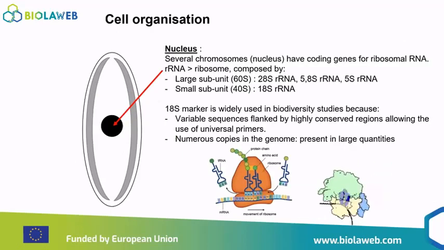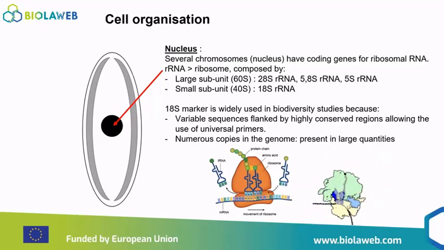So you're going to see a little bit of what Clarisse showed us. We're going to enter more into the details of the genetic material that we can find in each organelle of the cell. So if we consider the nucleus, we have several chromosomes in the nucleus, and they have coding genes for the ribosomal RNA.